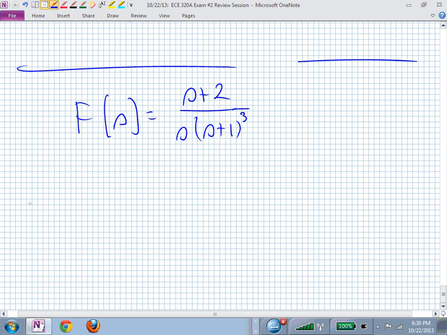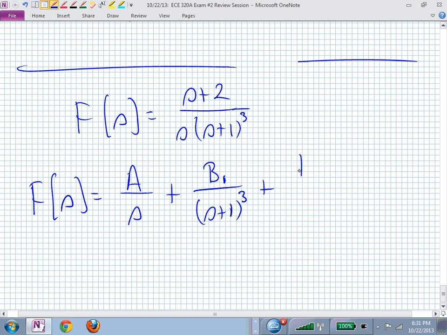Meaning, what's the structure for capital F of S? You have A over S. So let's say B1 over S plus 1 quantity cubed. And now I'm going to just keep going with the B's, right?